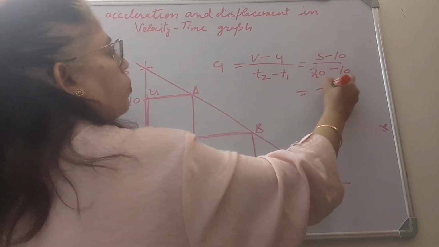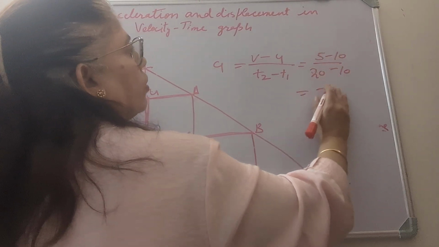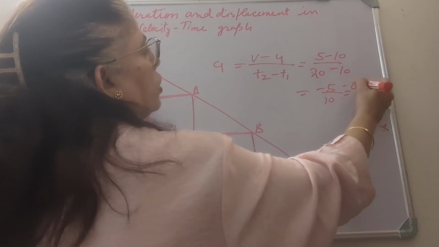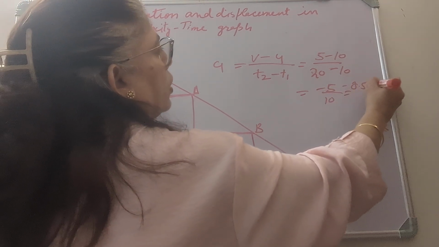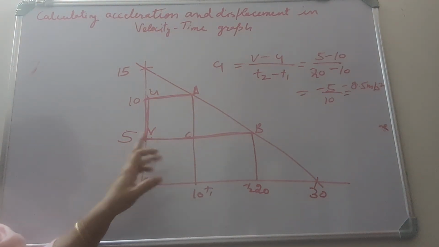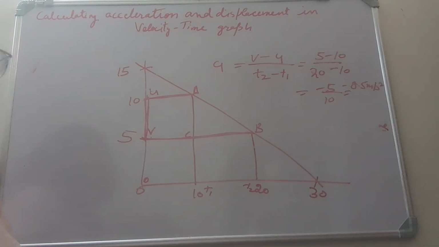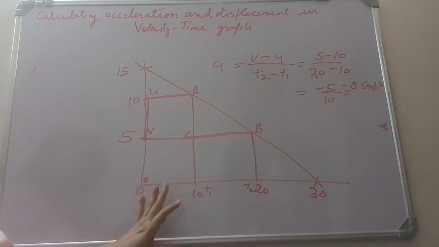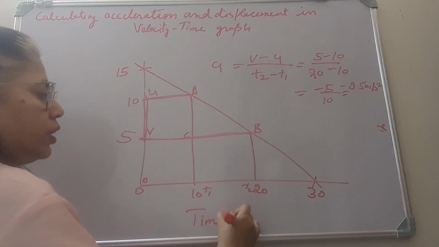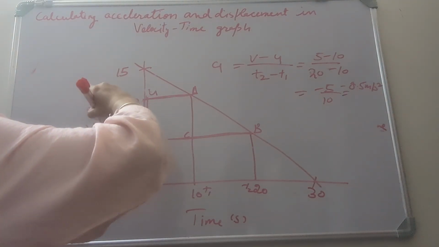It is equal to minus 5 upon 10, that is minus 0.5 meters per second square. This is how we can calculate the acceleration from the velocity-time graph when velocity is decreasing.